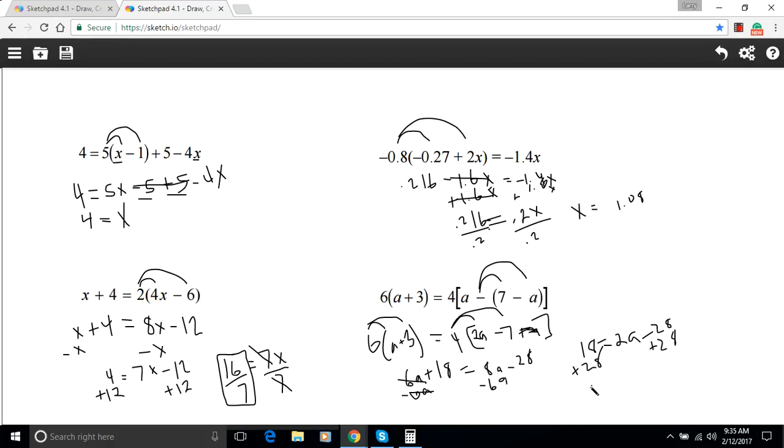And we should get 46, I think. And then finally, just divide by 2 to get the a alone. And we get a equals 23. So that is a little bit of a refresher with solving algebraic equations.